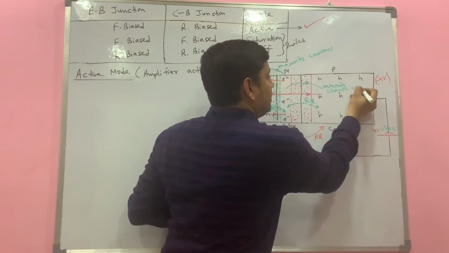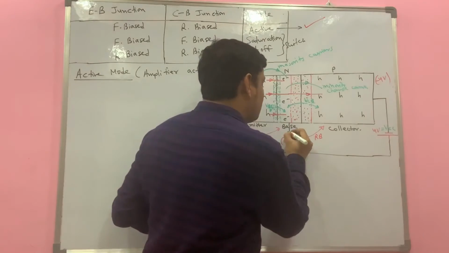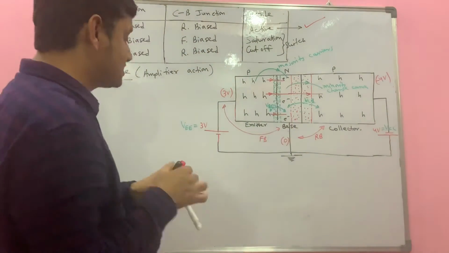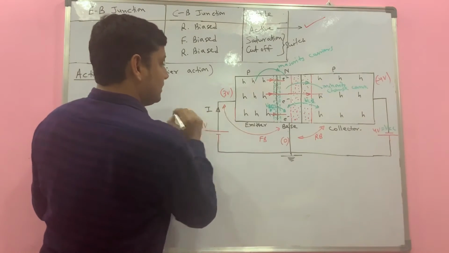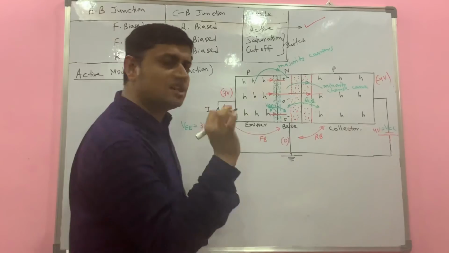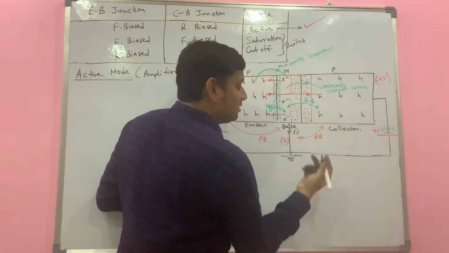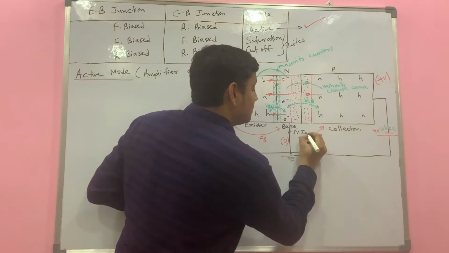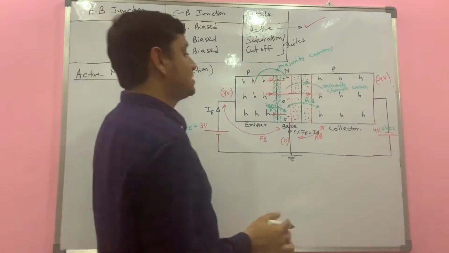Because doping is very small here, very little nullifying takes place. So out of the current that is coming here, which is IE, only a very small fraction, maybe 5% or even 2% or 1%, becomes IB. The rest, 95%, crosses here.